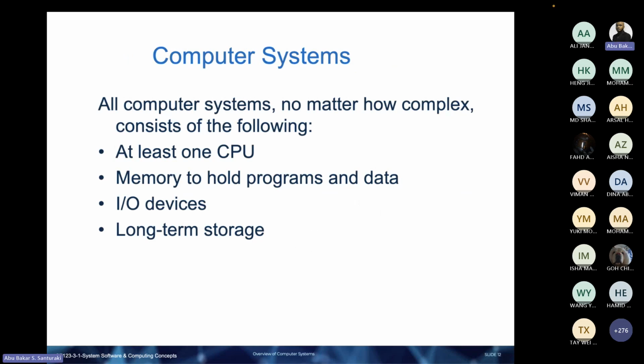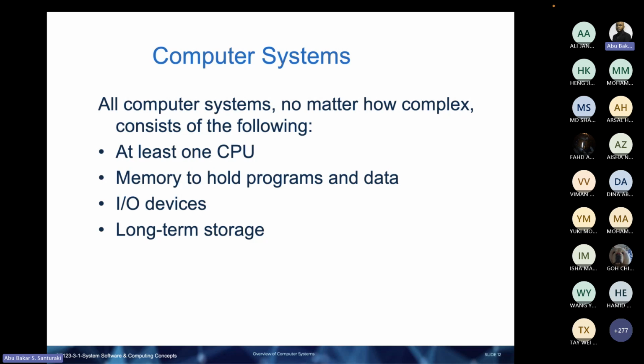So now coming back to a typical computer system, it's important to note that all computers, no matter how simple or complex, will consist of the following items. It will have at least one CPU. Typically, computers today have more than one. So when we talk about the CPU cores, we're basically saying that our computer has multiple CPUs, but a CPU nonetheless.